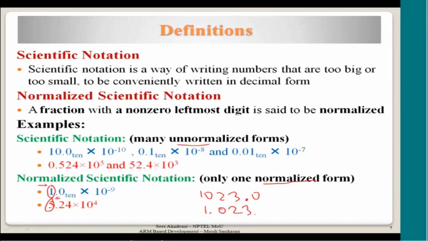There is no point in representing more zeros, because I have not given you anything beyond this. Do I have to do anything else here? Of course, because you moved it 3 decimal places, I will multiply it by 1000. So this is my normalized notation. I can have only one normalized notation for this number, correct? That is what I am driving at.